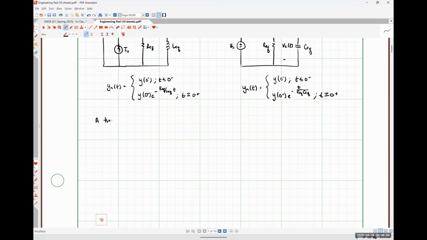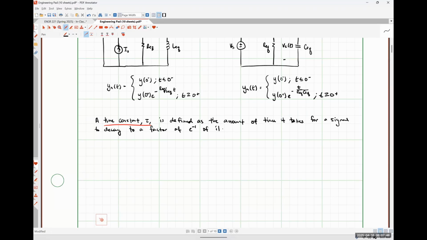So a time constant, tau, is defined as the amount of time it takes for a signal to decay to a factor of e to the minus 1 of its original value.